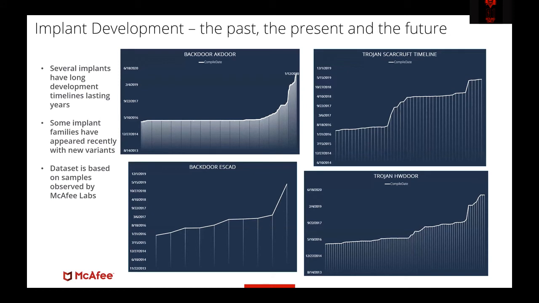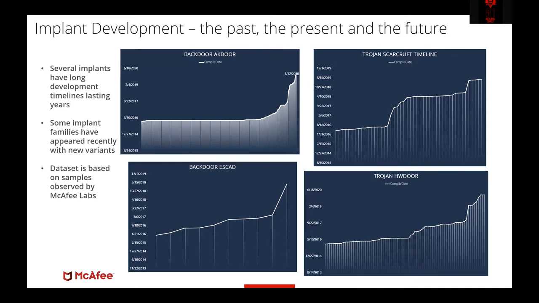What we see here, though, is that for implant development, the past, the present, and the future, they've had timelines of development. Each of these implants have originated from a certain point in time and over the years have been updated and revised. We've taken several different implant families based on detection names, and we've mapped out the timeline of development based on when they were created.